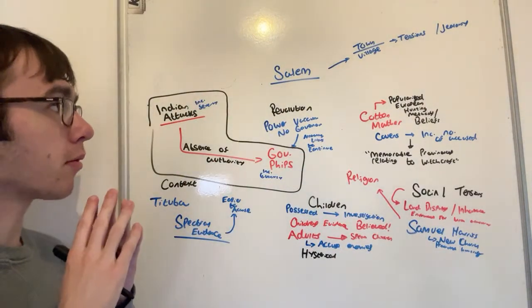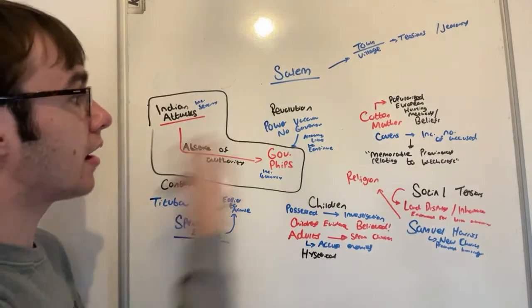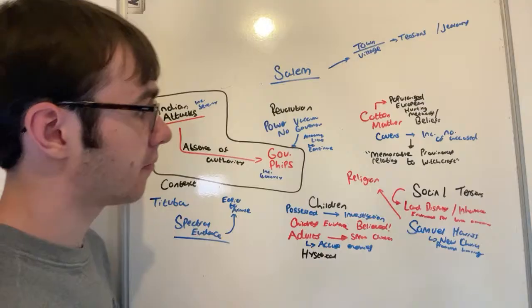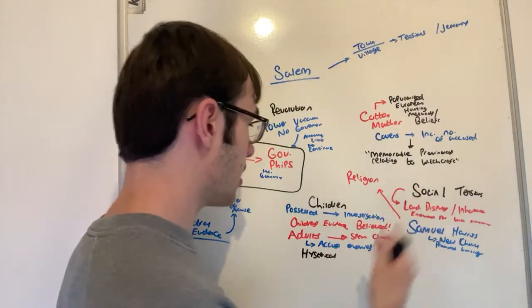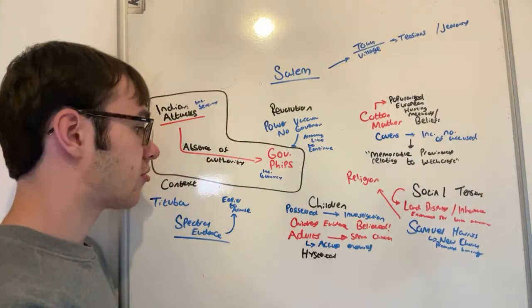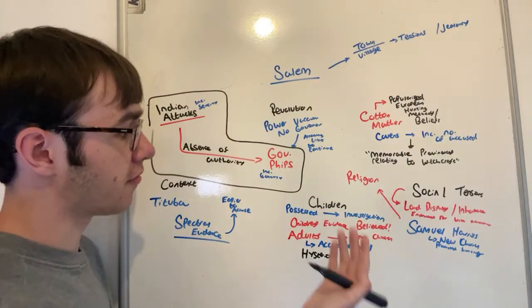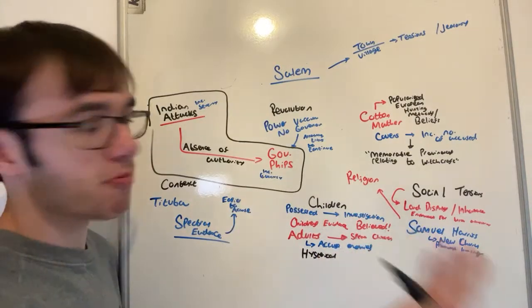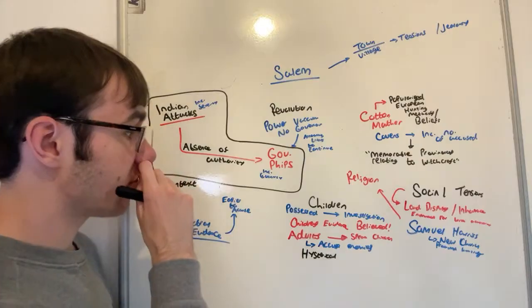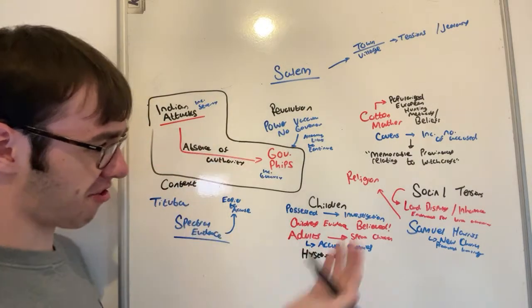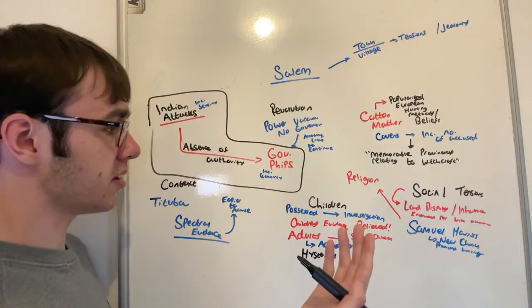You can ramble about literally anything I have written here, and as long as you link it to the question, you will be fine. Example, the role of children. Children were believed to be possessed, which led to an investigation, obviously sparking the trials. Children's evidence was believed, so when they would act hysterical in court, it was believed.